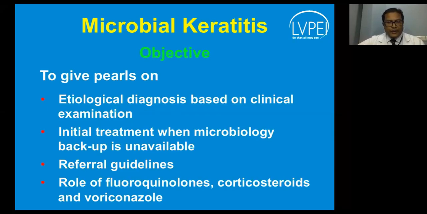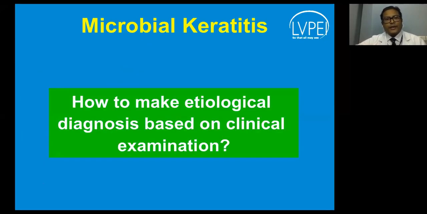We'd like to crystallize our talk into the etiological diagnosis, which is based on examination, the initial treatment when we do not have access to microbiology, the guidelines for referral, the role of newer antibiotics such as fluoroquinolones, the role of corticosteroids, and the role of newer antifungal agents such as voriconazole.